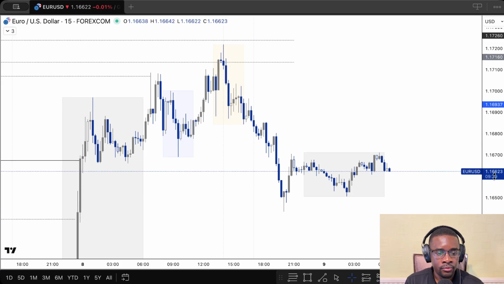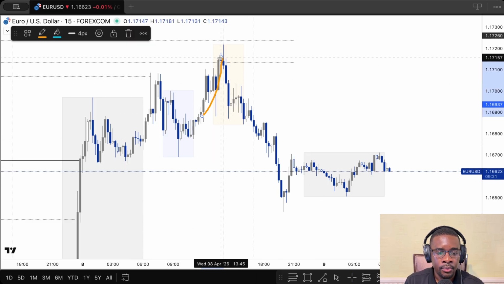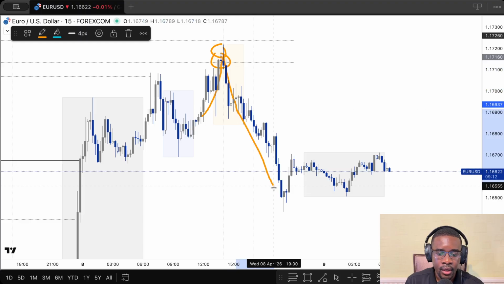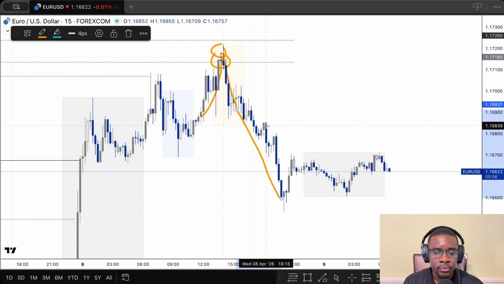That could have been enough for the 1 to 3, when price came back to mitigate and then continued. Then it came back up, mitigated the second one, had a sweep right around our key time window, and eventually continued down. This would have been the better trade.